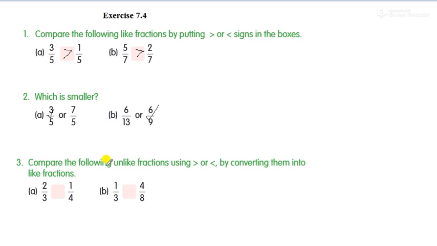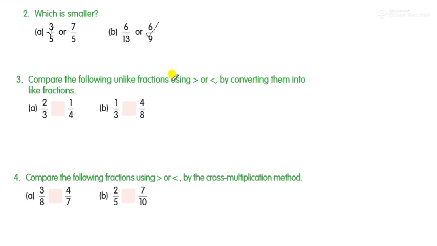Next, compare the following unlike fractions using greater than, less than by converting them into like fractions. So here you have 2 by 3 and 1 by 4. Here the denominators are not the same. So how to do this one?